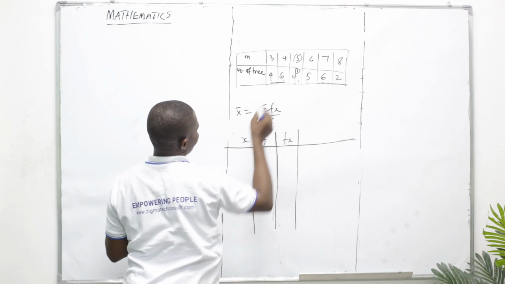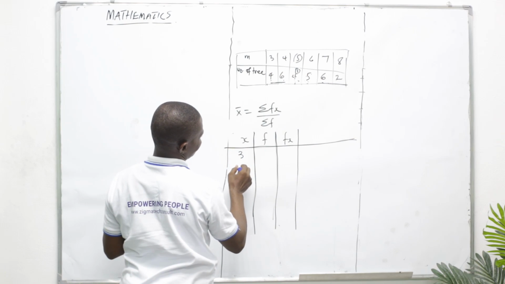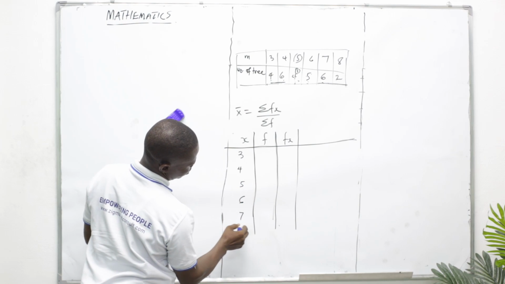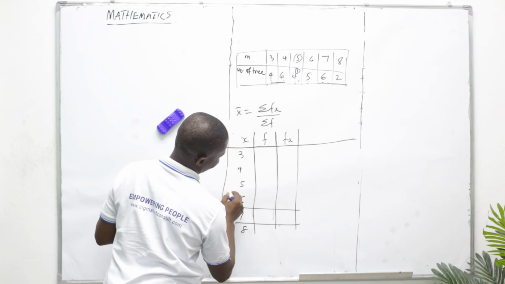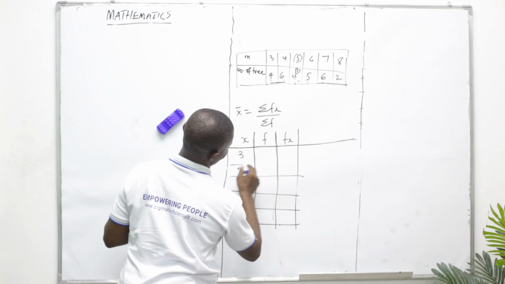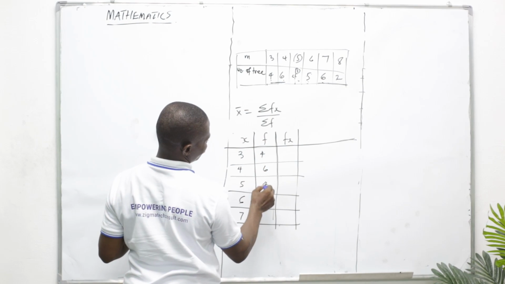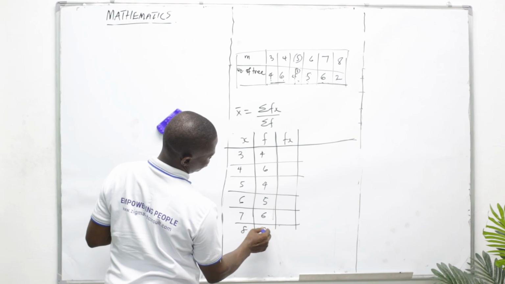X is these ones here: 3, 4, 5, 6, 7, 8. Then f: 4, 6, 4, 5, 6, 2.